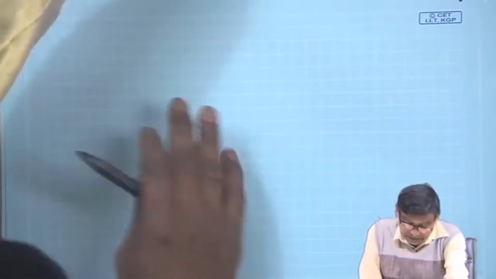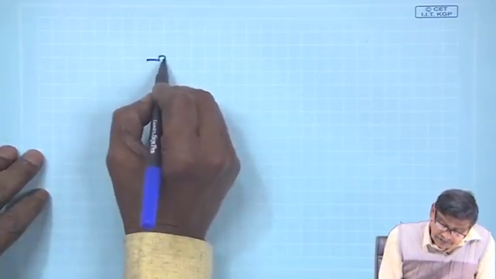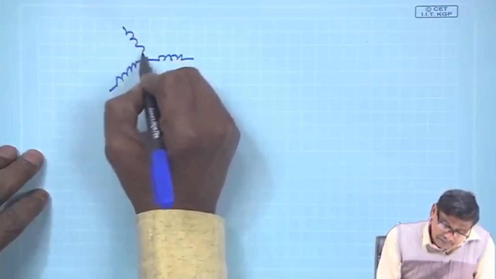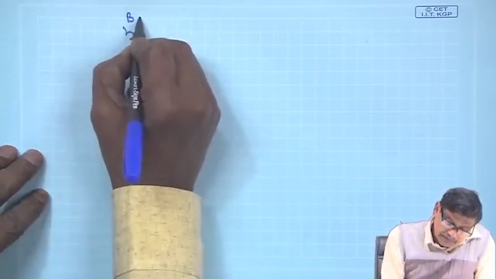I will just touch upon it first, then we will come back to this point. What is the thing I have told? There is a stator coil. This is R1, this is Y1, this is B1.